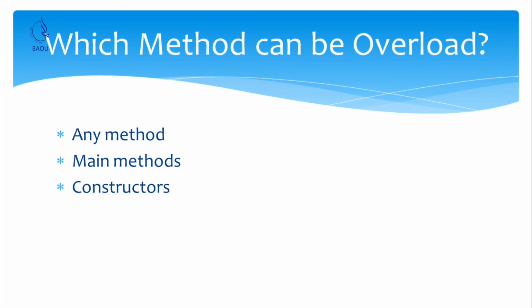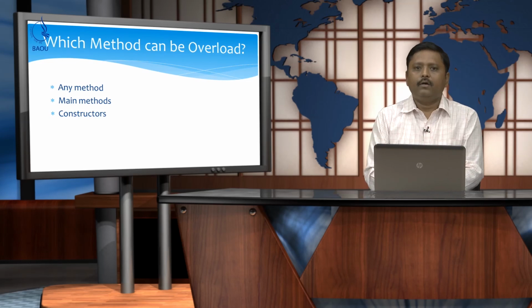Now, we have different types of methods available in Java. So, which methods can be overloaded? As mentioned earlier, if a method has different parameters or types, then we can overload any method. Now, we consider two special types of method. One is the constructor. In the previous lecture, we discussed that we can overload a constructor to initialize data of a class.